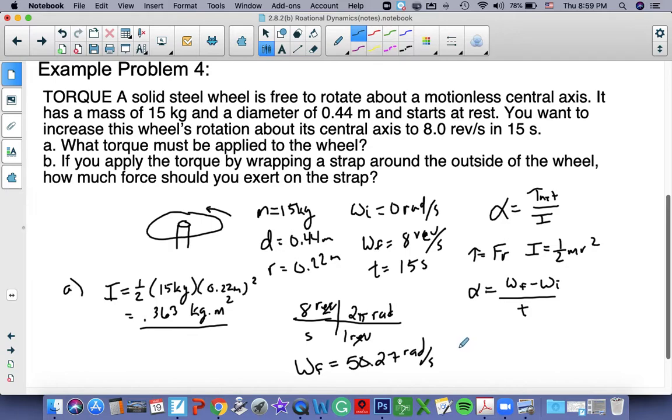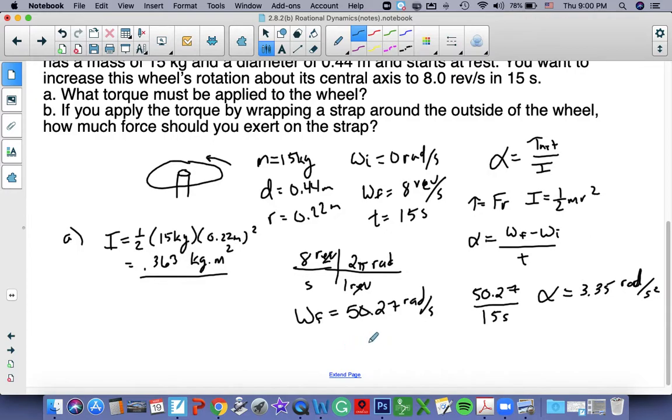So we're going to do final, which is 50.27, minus initial, which is 0, so we don't really need to write that, divided by time, 15 seconds, and that gives us an angular acceleration of 3.35 radians per second squared. Okay, so that's the other piece we're looking for.